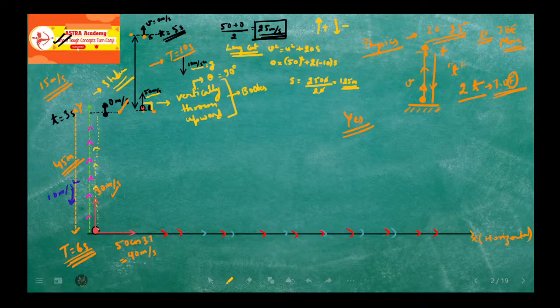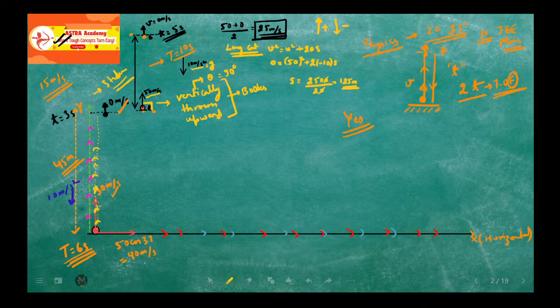So basically the path will not be like this. If the body takes some time in reaching this point, in this time the horizontal component will do its job, and its job is to make the body move in the horizontal direction also. So we won't find the body at this point.